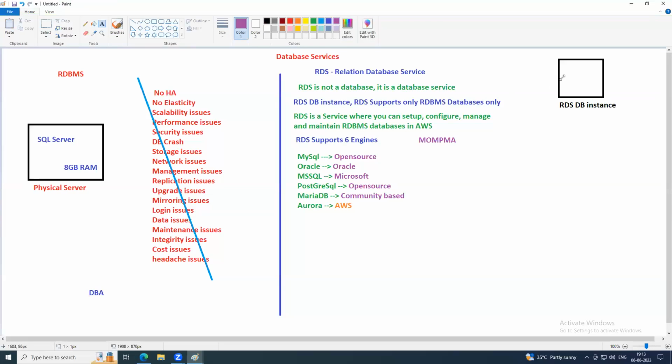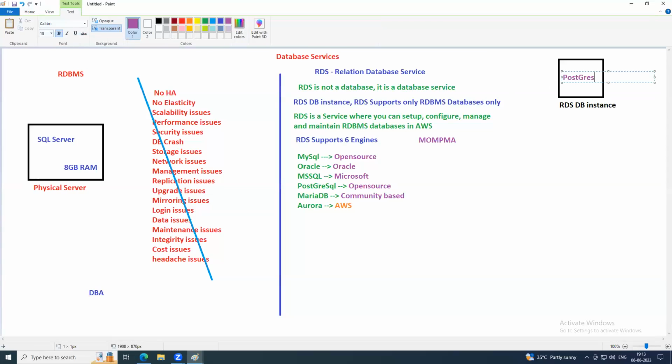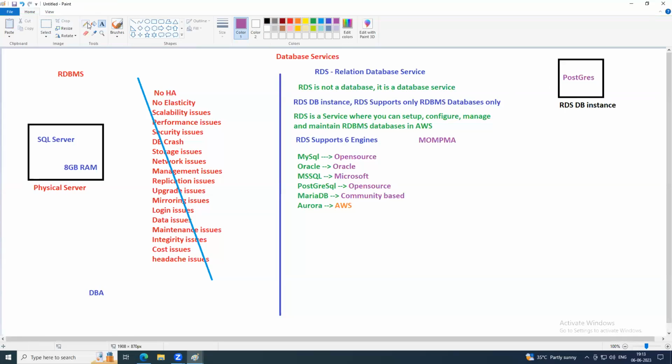Let's say Postgres. Can I launch the Postgres engine? Yes, I can, or whichever it is. Now tell me, the backend of this entire instance is completely managed by AWS. Guys, is it possible for me to log into that DB instance machine? No.